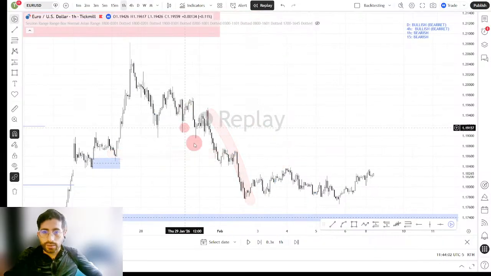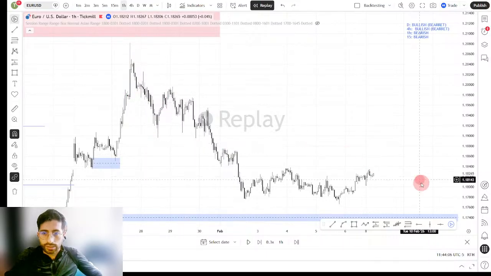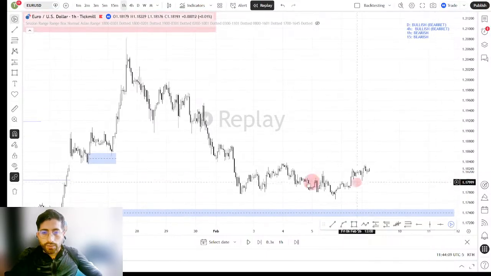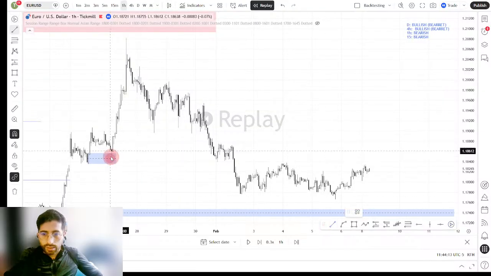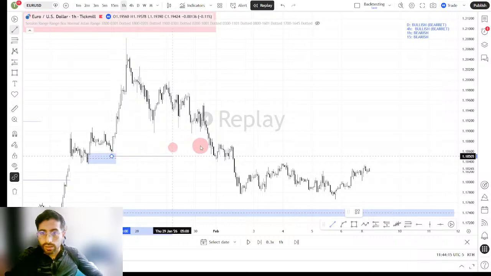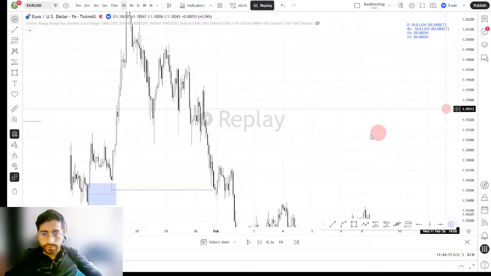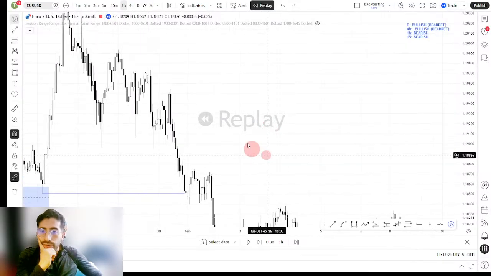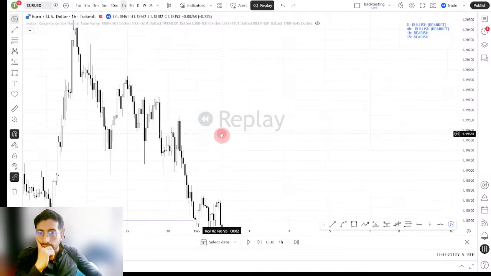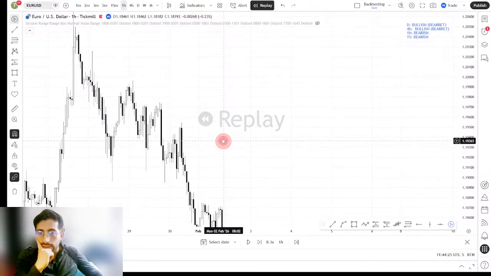So I'm marking all of this to explain it to you. Okay, now since the price has been broken with the body of the candle here, what I need to look for is the range beginning, the beginning of a range in the 1 hour time frame.